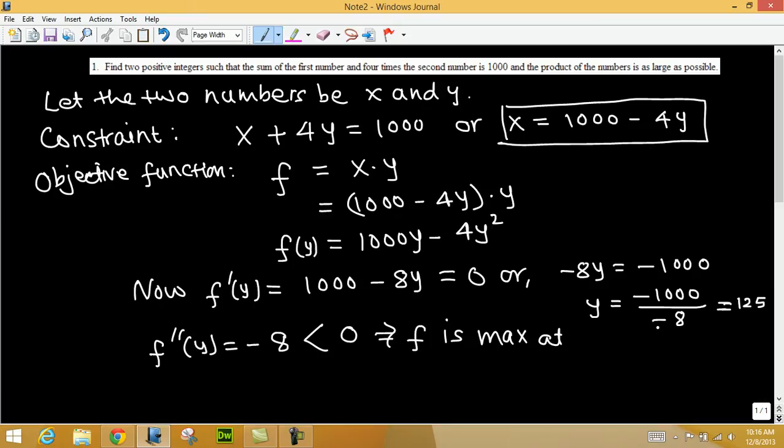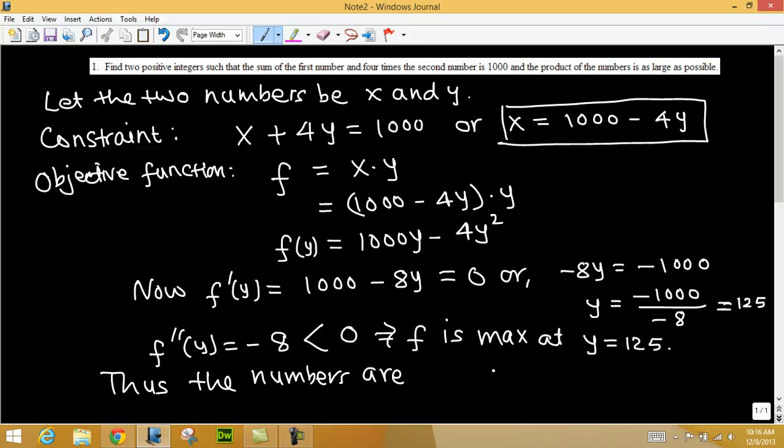In fact, for any y value the second derivative is always negative, including at y equals 125. So we just showed that the function is maximum. The function, the product in our case, is as large as possible when y equals 125. Thus the numbers are, we need to find x from that relation.